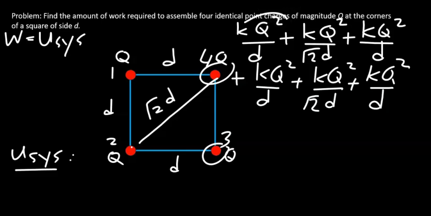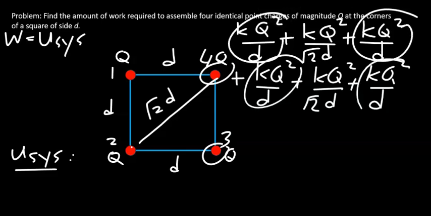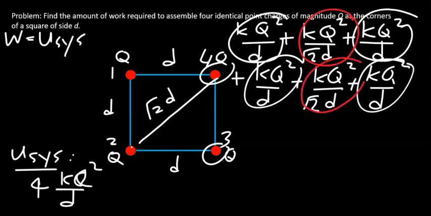Adding together, you have 4 such terms all together. So 4 times KQ squared over D, and 2 terms with square root 2 D in the denominator.